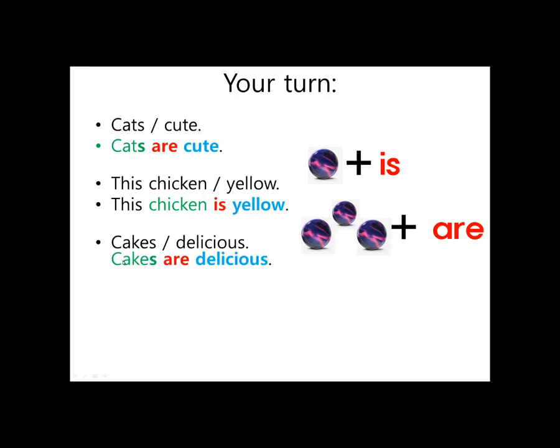Cakes. So more than one cake. Cakes are delicious. Mountains, tall. Okay, so is this one thing? Or is it more than one thing? Is it singular or plural? It's plural. We got the S here. Mountains. Mountains are tall.